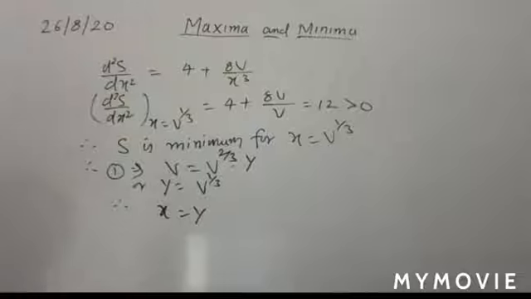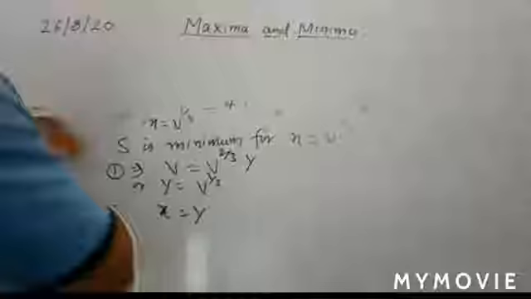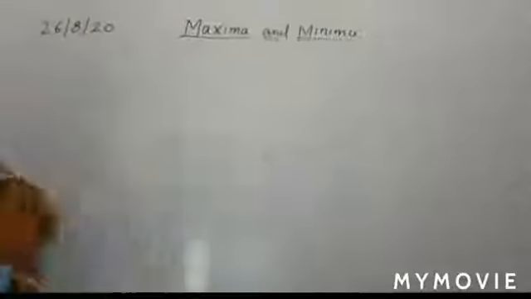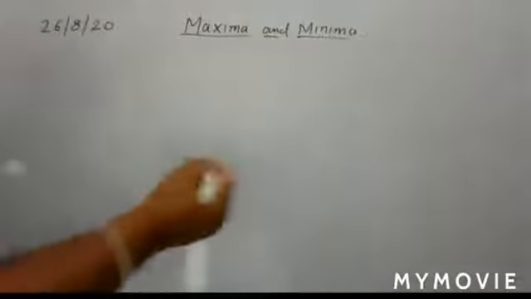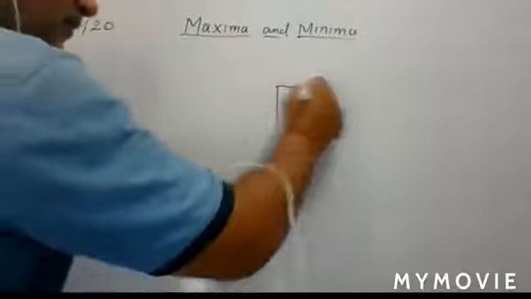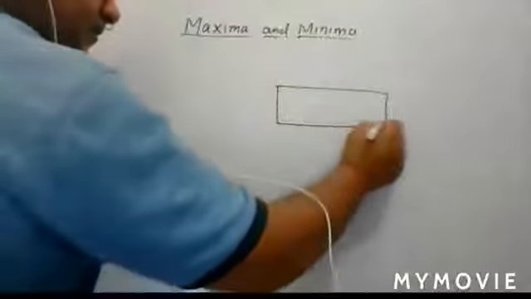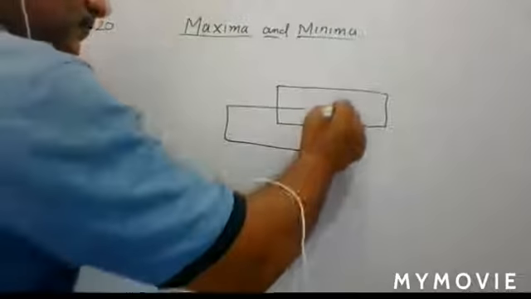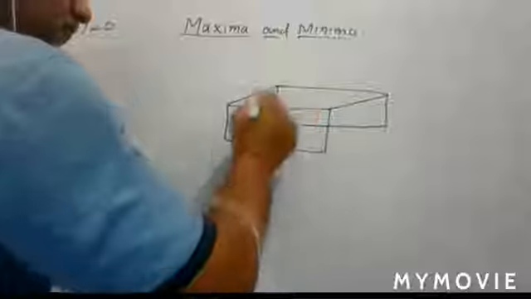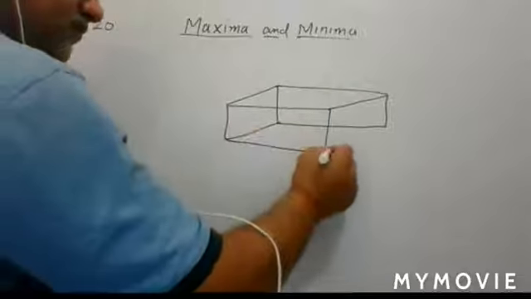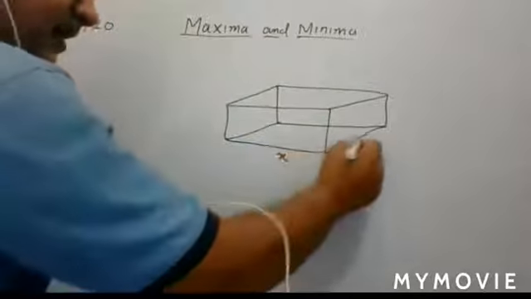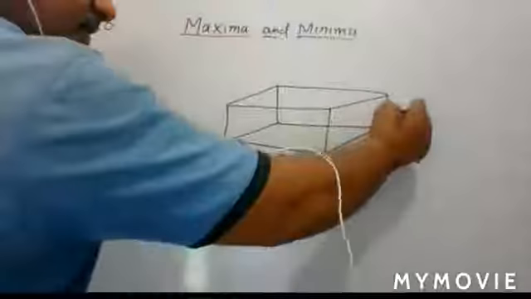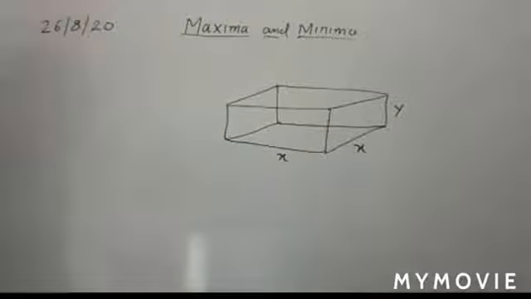Okay, so just draw the same type of figure. Suppose here you have a cuboidal box, and its base is square, so you take x here and y is the height of that box.